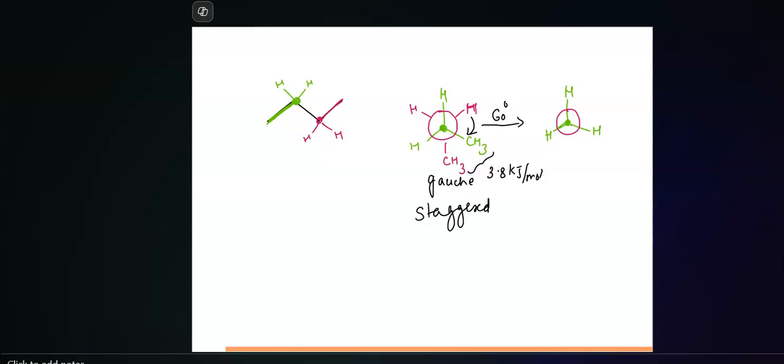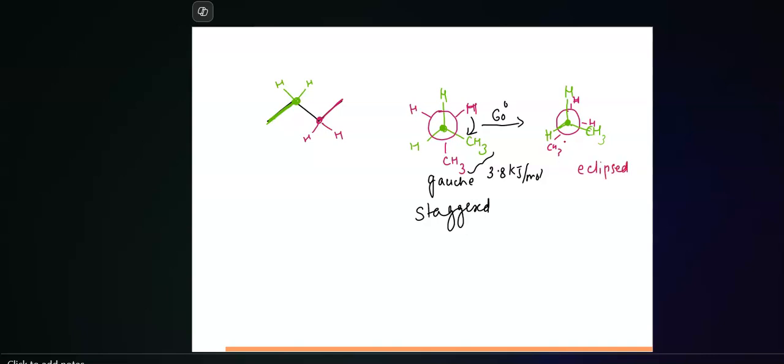Sorry, this one should be a CH3. So this pink hydrogen now goes behind the CH3, this pink CH3 now goes behind this hydrogen, and this pink hydrogen goes behind the green hydrogen. So this is my eclipsed conformer.